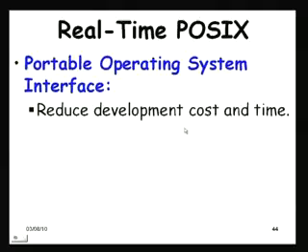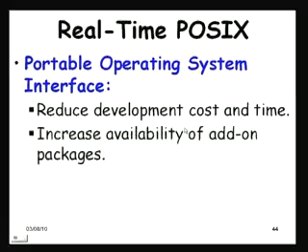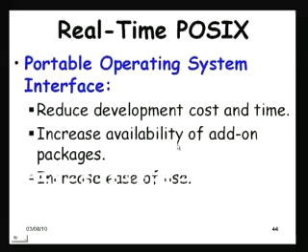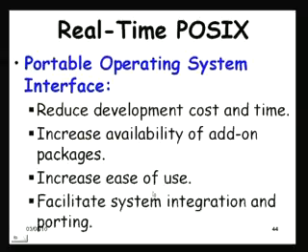So, the idea here was to reduce the development cost and time. We will see why and how. Increase the availability of application packages, increase ease of use, and facilitate system integration and porting. That was the basic objective with which POSIX was formulated: to reduce application development cost and time.